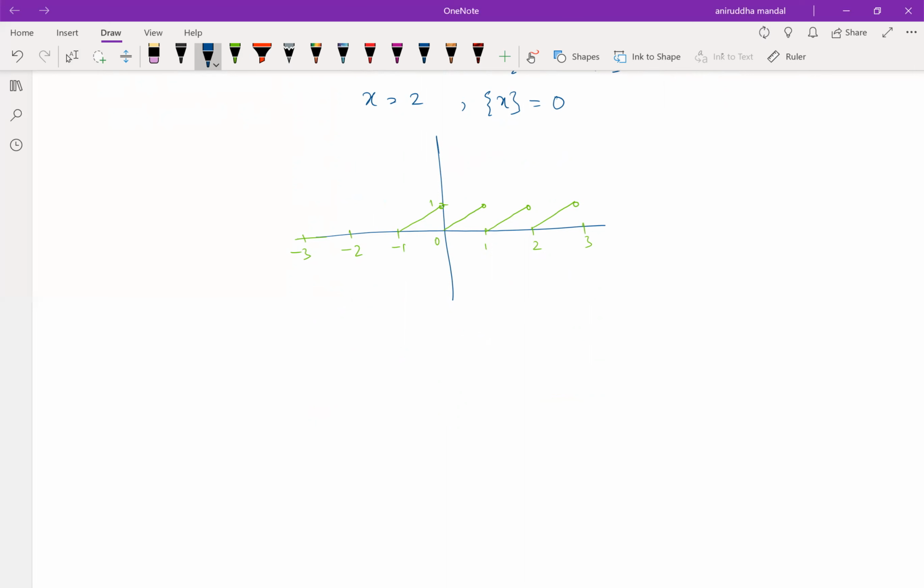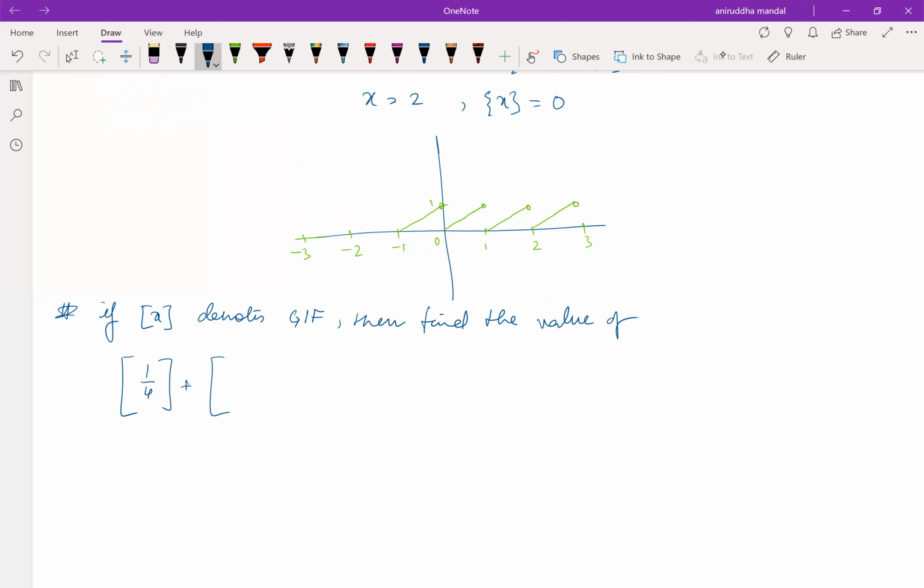Our problem is: if box x denotes the greatest integer function, then find the value of the sum of box of 1/4 plus 1/200, then box of 1/4 plus 2/200, plus box of 1/4 plus 3/200, and so on.